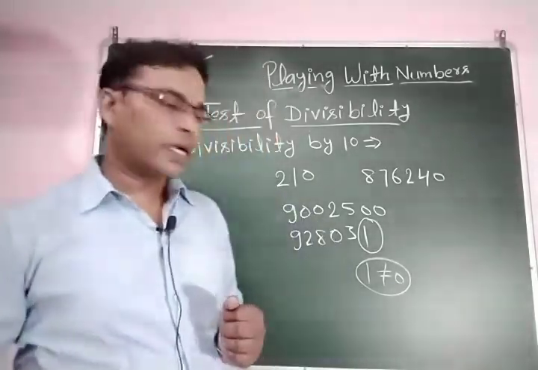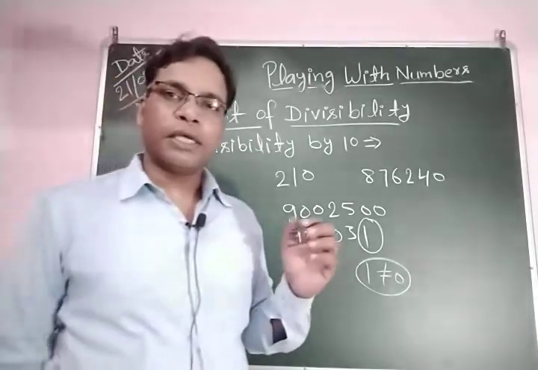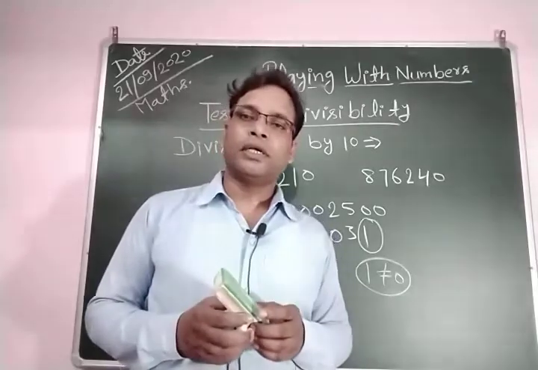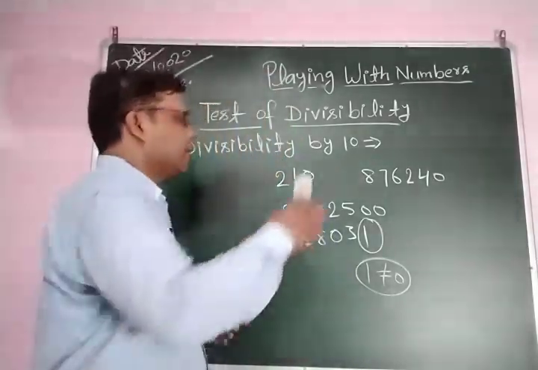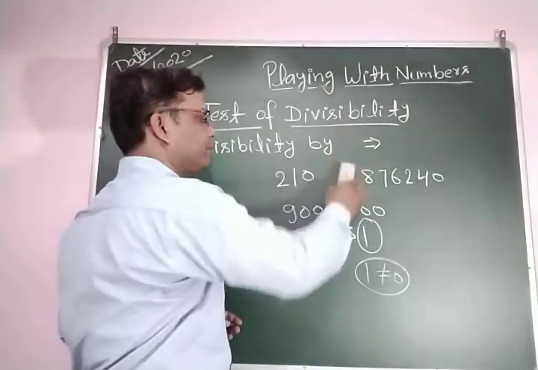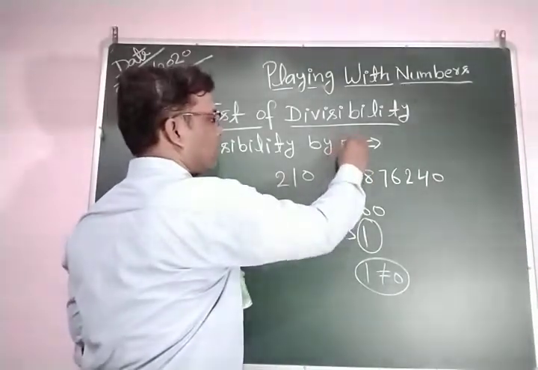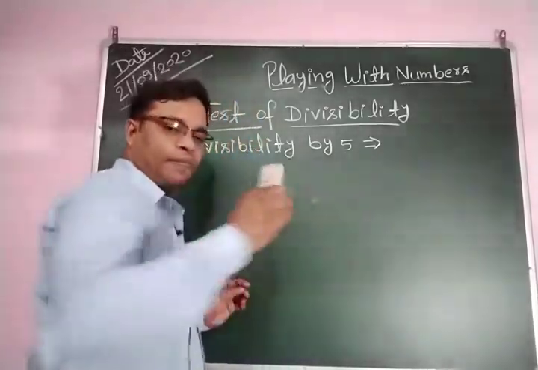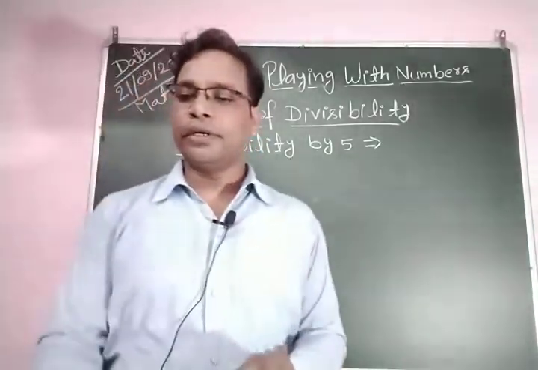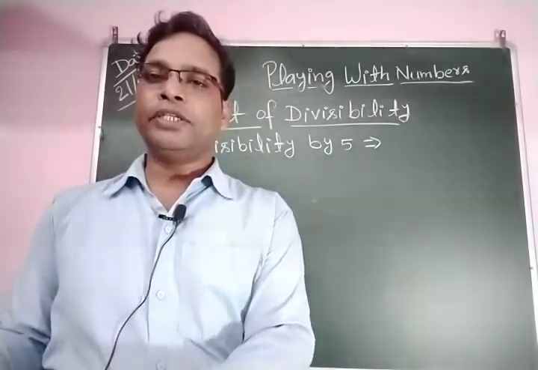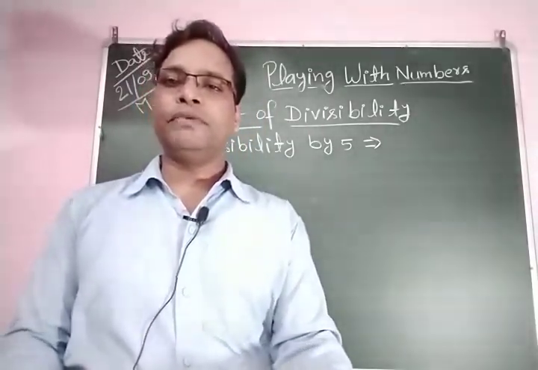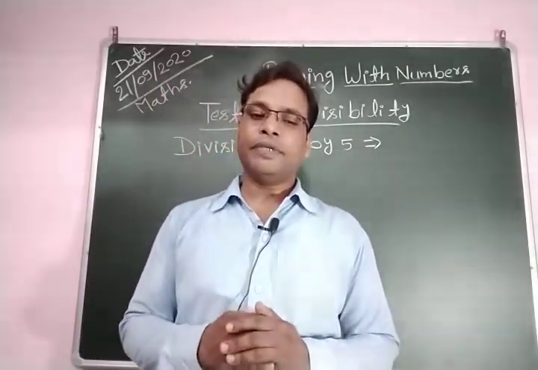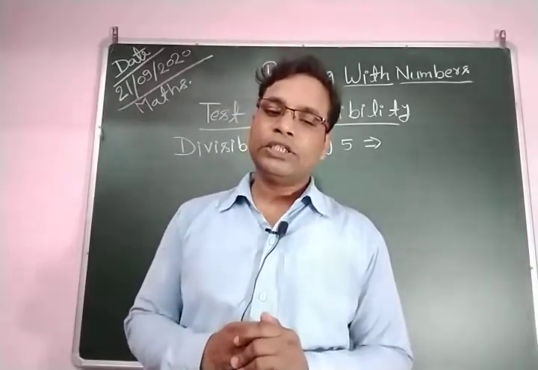Now we are going to discuss the divisibility test of 5, or divisibility by 5. So for the divisibility test of 5, a number is divisible by 5 if its last digit is 0 or 5.